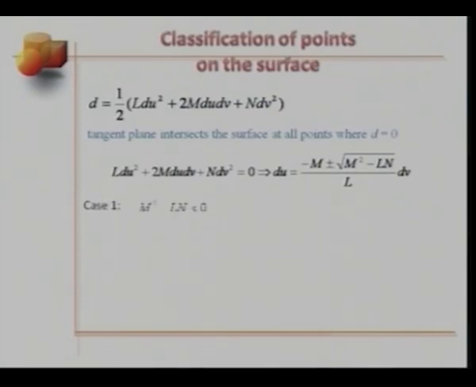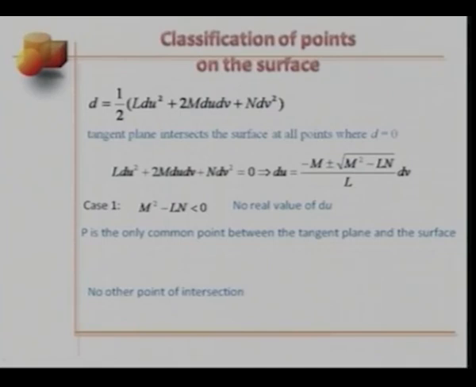Case 1: we don't have any real value of du, which implies that we do not have any point on the surface through which the intersection plane or the tangent plane passes. P is the only common point between the tangent plane and the surface, and there is no other point of intersection. So that point is called the elliptical point.